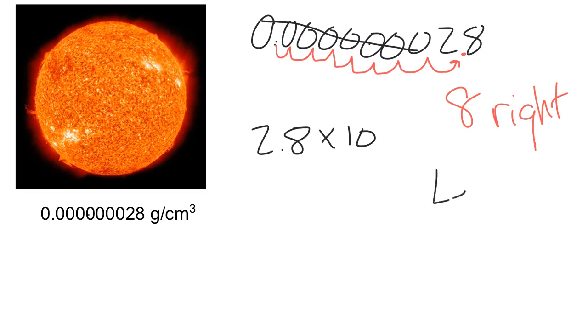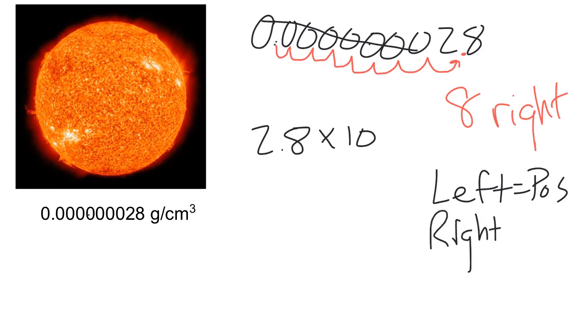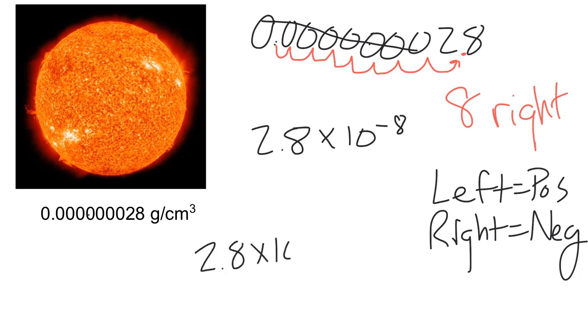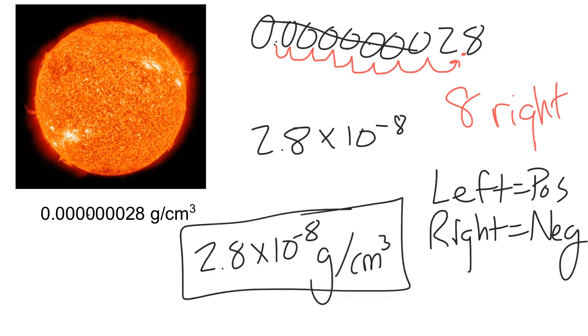And remember, if we moved it to the left, we are positive, and if we moved it to the right, we are negative. So this one is going to be 10 raised to the negative 8th power. And so our final answer would be 2.8 times 10 raised to the negative 8th grams per centimeter cubed. And that would be our last number in scientific notation, which is a much easier way to represent it.